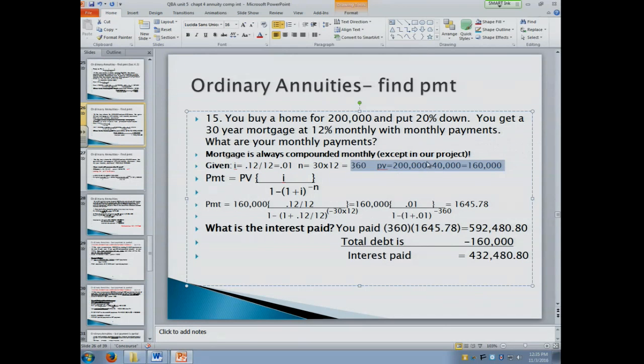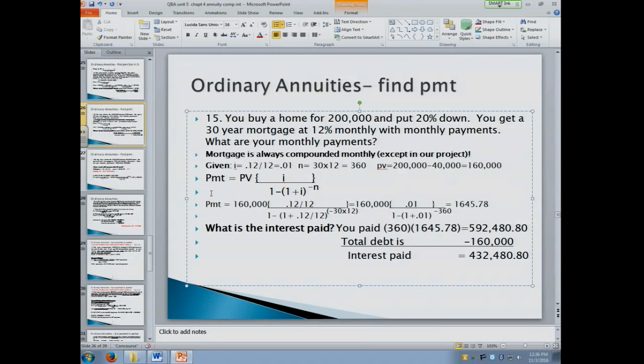200,000 times 20% is $40,000. You're going to have to save up $40,000, and therefore our present value is $160,000. You bought a house for $200,000. You gave the bank $40,000, so your mortgage will only be $160,000, or your present value that you owe is $160,000.